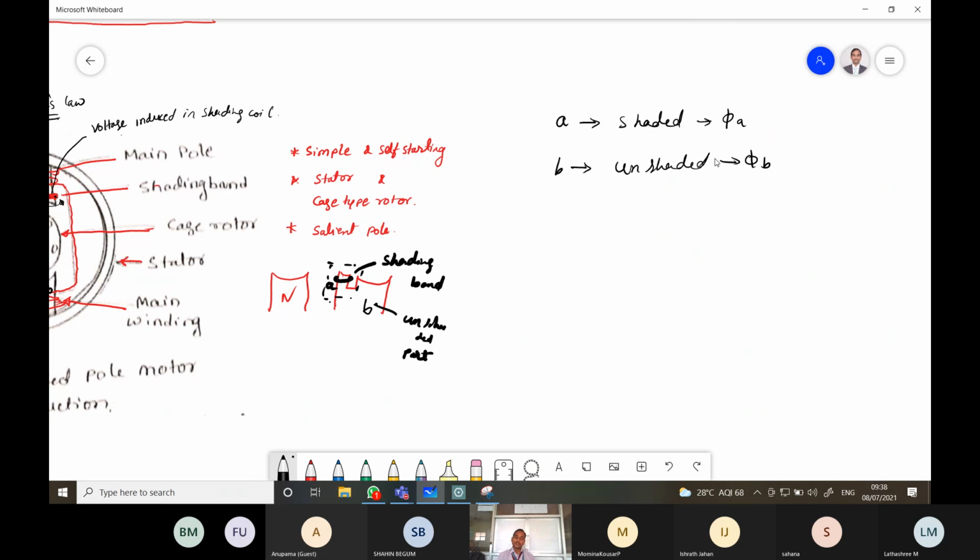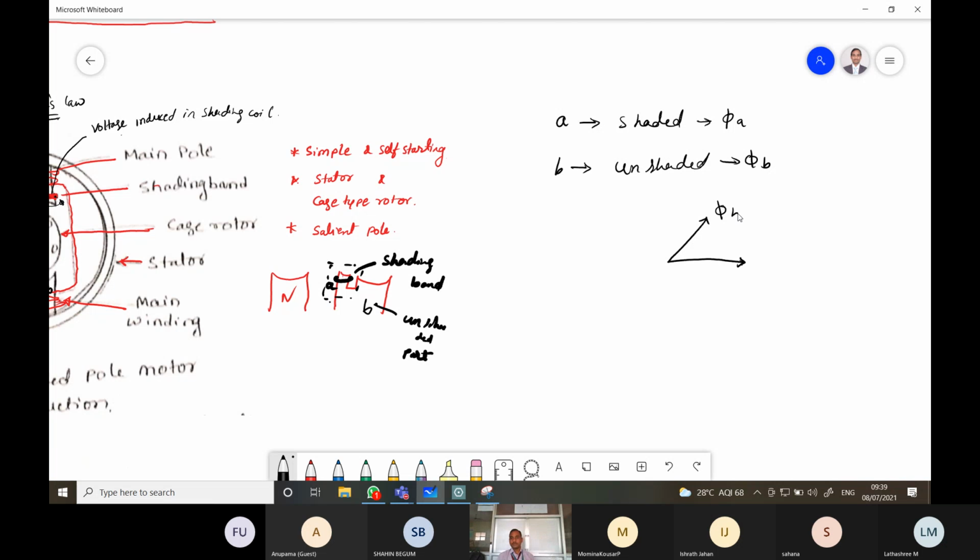At the same time, the main flux and shaded pole flux are displaced in space. This space displacement is less than 90 degrees. Which one is lagging here? The shaded pole is lagging behind the unshaded pole.